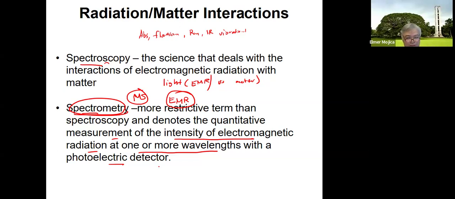There's no interaction of light with respect to the mass spec. So although some books in the spectroscopy include this method, these methods don't involve electromagnetic radiation. What else ang kasama sa spectroscopy? Pero wala naman ang electromagnetic radiation. I think this acoustic stuff.